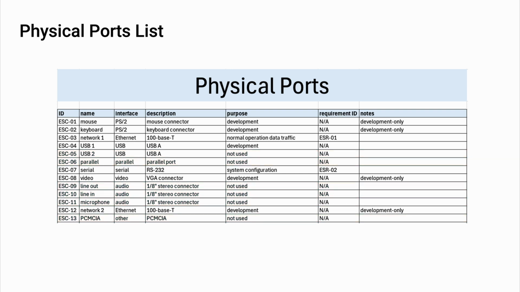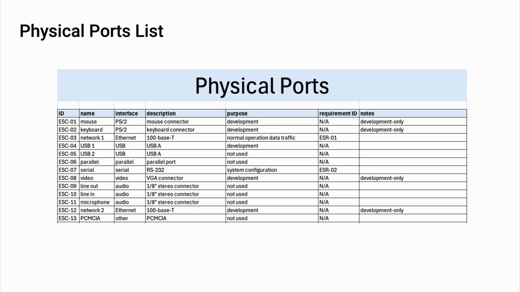Our next question is, is the port required for the core functionality of the element? We don't have anything that would indicate that anything is not used for the core functionality because we can see that ESC3, our normal operation data traffic, is the only core functionality that we have. Is the port only used for development?